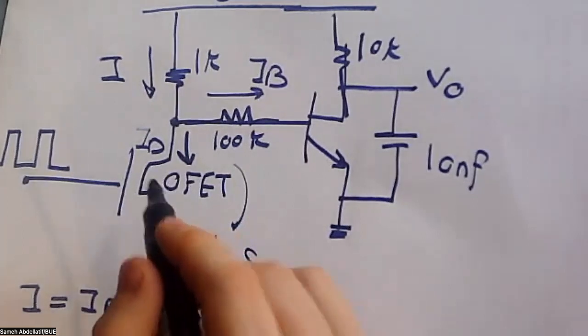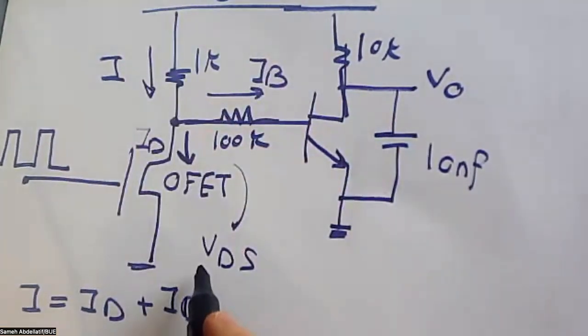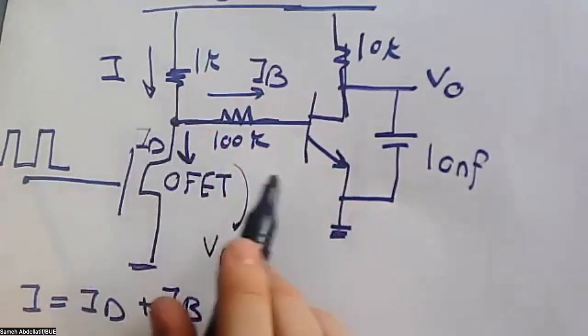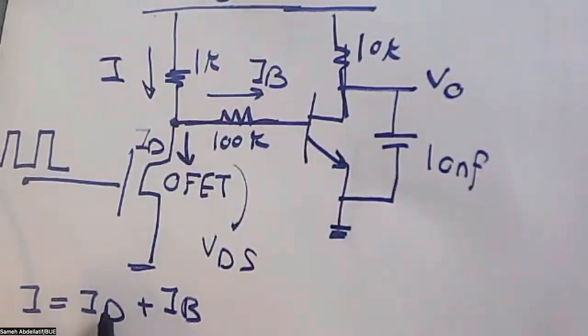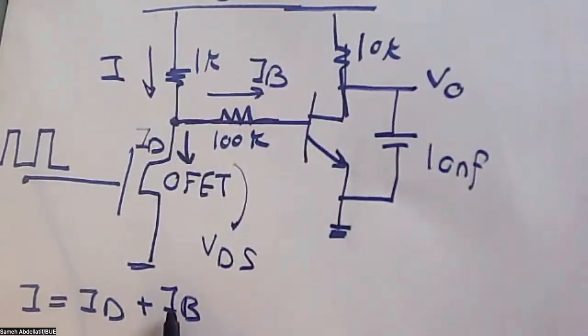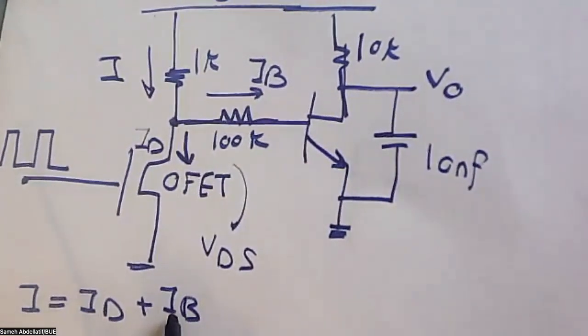So we can assume that this I is constant. So if we assume that this I is constant and we assume a change in ID, simply a change in ID is reflected in a change in IB.